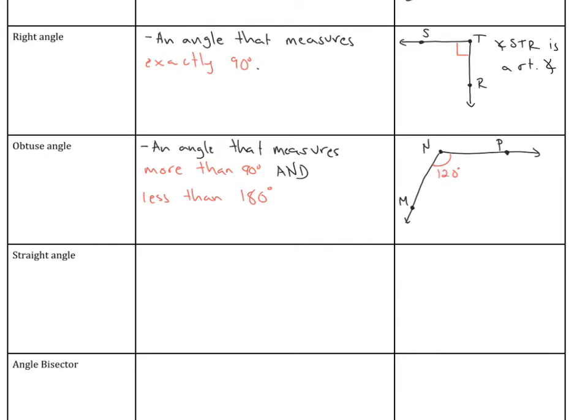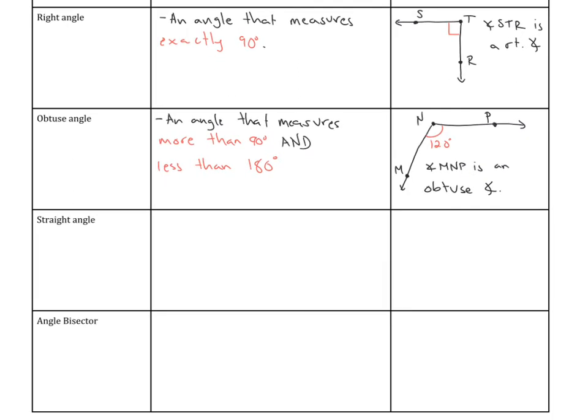Now, because the measure of the angle is 120 degrees, we know that angle MNP is an obtuse angle. Right? Based on the definition. 120 is greater than 90, but it's also less than 180.